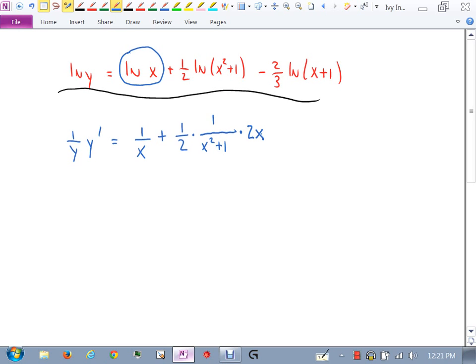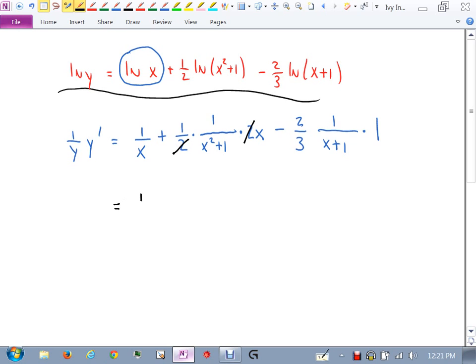And I'm done with that derivative on the middle one. Is that all right? Okay, what about this one? -2/3 just sits here. And then the derivative of natural log of x plus 1 is 1 over x plus 1 times the derivative of x plus 1, which is 1. And things start to clean up, like this 2 and this 2 cancel.